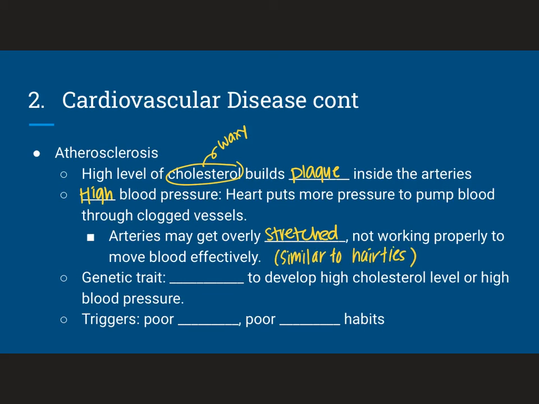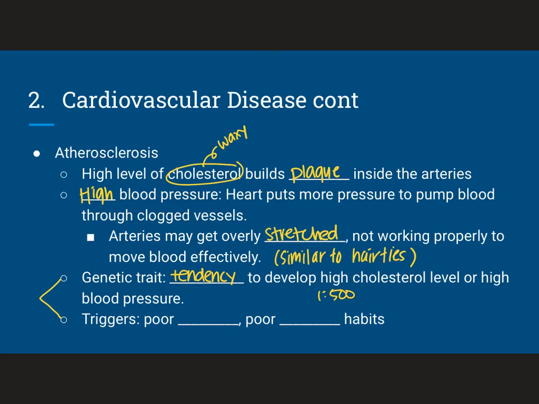Now we were talking about multifactorial diseases, so we have two different factors that we're going to look into. The first one, the genetic factors. A genetic trait will give some tendency to develop high cholesterol level or high blood pressure. Actually, 1 in 500 people will have a tendency to develop high cholesterol level.